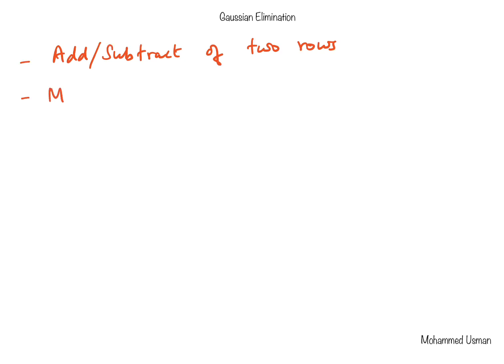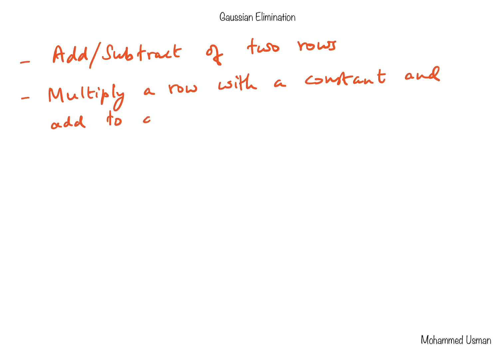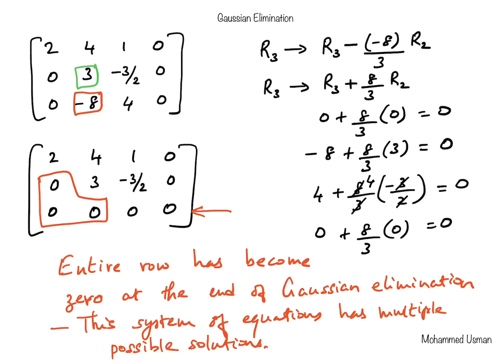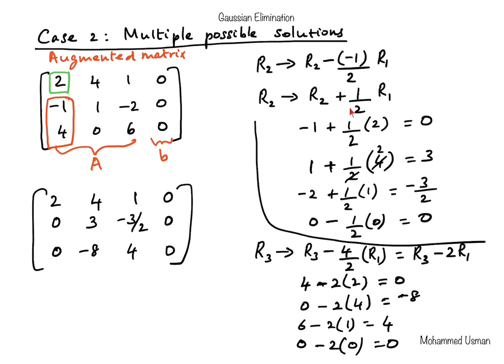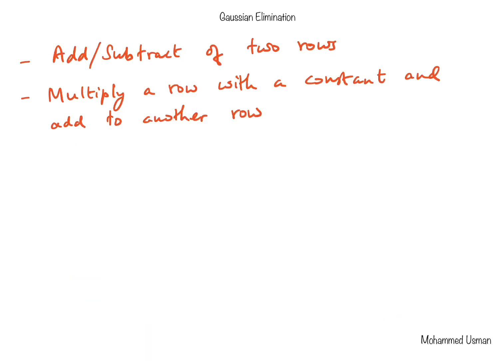You can multiply a row with a constant, and add it to another row. Now if you notice in these transformations, we are multiplying R2 with a constant and adding it to another row. So we can add or subtract two rows, we can multiply a row with a constant and add it to another row, or we can simply multiply a row with a constant.